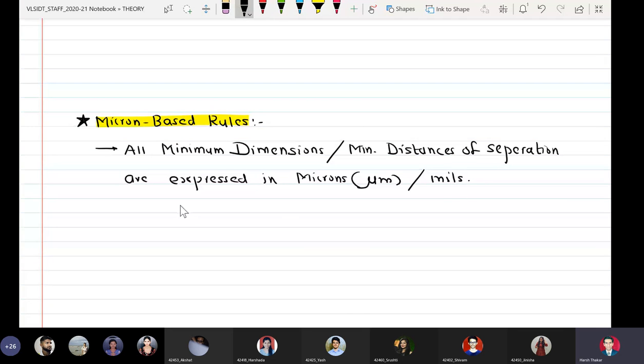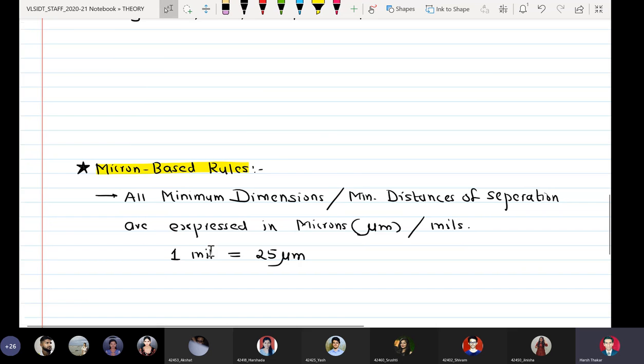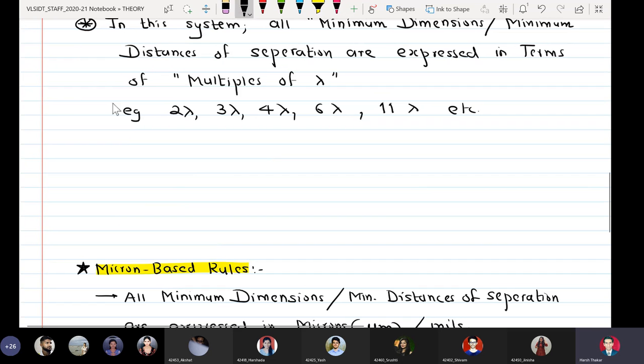I think 1 mil is mostly 25 micrometers. Okay, it's the only difference. Now let us take standard examples of rules.